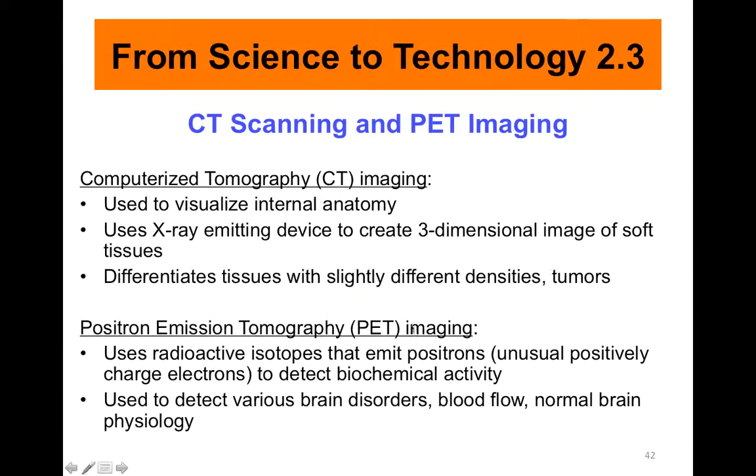Positron emission tomography, or the PET scan, uses radioactive isotopes in a computer, and those isotopes, we would add isotopes into the person, and when those isotopes go someplace and they're metabolized or they're broken down or they're being used or incorporated into tissue, the radioactivity will give off a signal that's picked up by the computer, and you can see, for example, a PET scan is useful for seeing what part of the brain is active during some activity.